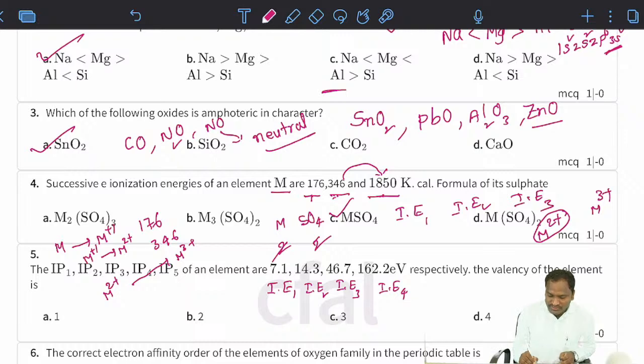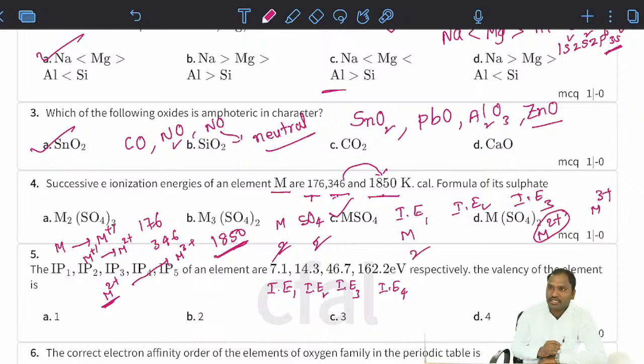Removal of electron from dipositive ion requires more energy. So if you are using more energy, means here it is in stable condition. So +2 is the stable oxidation state of the given element M.